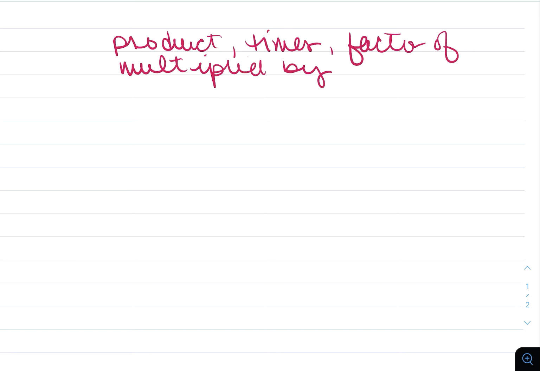So let's practice. We are going to take two numbers, let's say 62 and 87. First things first, we need to make sure that everything is lined up. So our ones are lined up with our ones, our tens are lined up with our tens. So now we start with the 7 in the 87, and we're going to multiply to the 62.